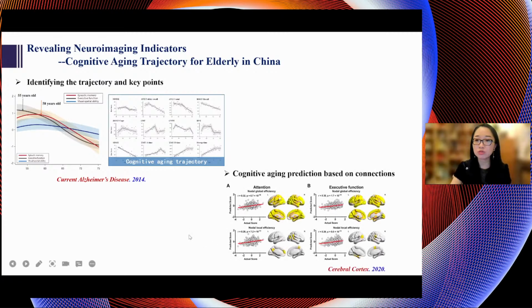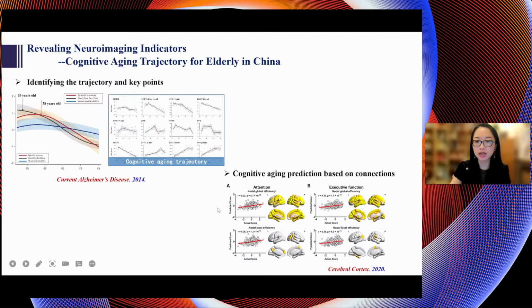In 2020, we published a paper in Cerebral Cortex using DTI imaging and graph-based analysis. We found the integration of the brain structural connection had a significant decline in the frontal area, parietal area, and superior temporal lobe.